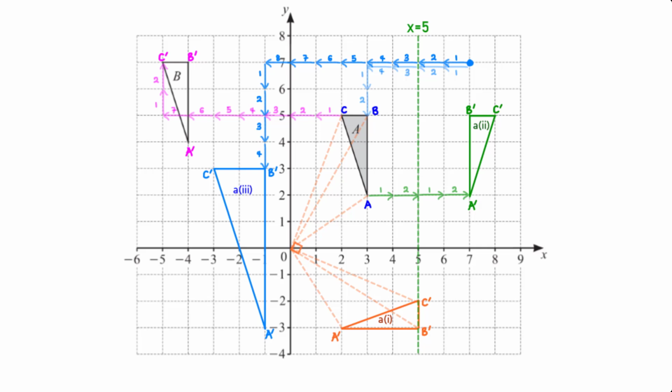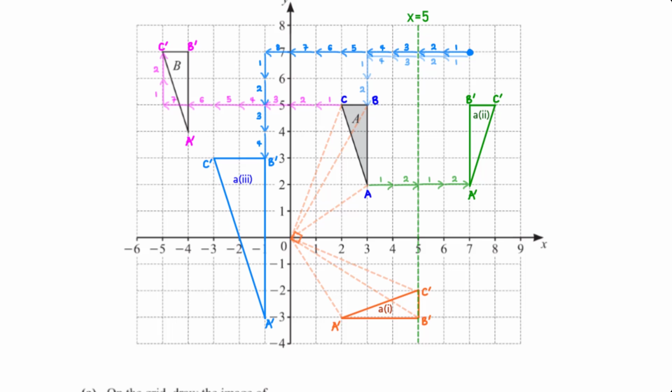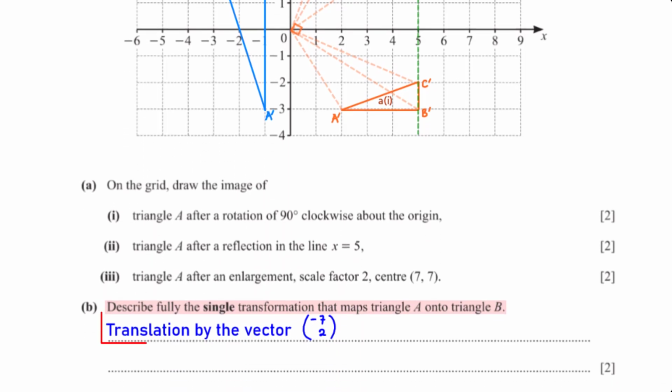So now all we need to do is find the translation vector. From the illustration, we see that each vertex on triangle A has moved 7 units to the left and 2 units upwards. This means the translation vector is -7, 2. And so the full description for the transformation would be translation by the vector -7, 2.